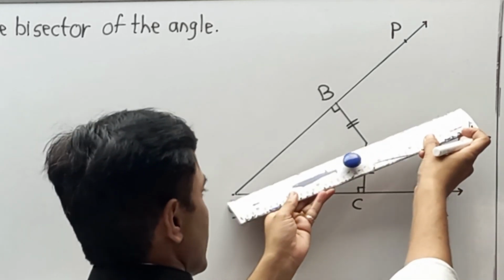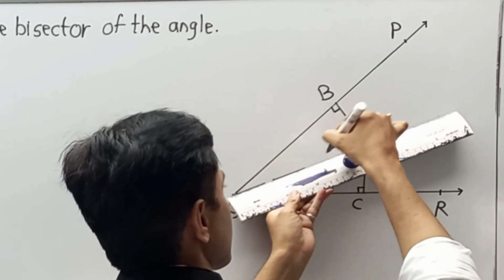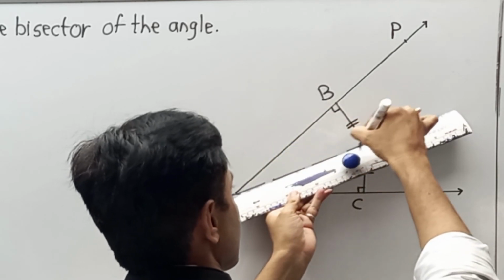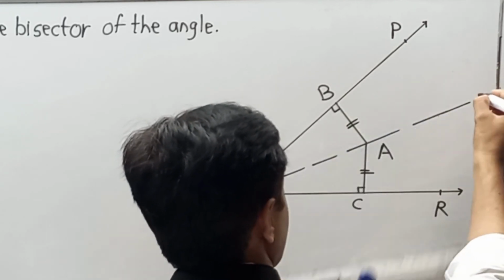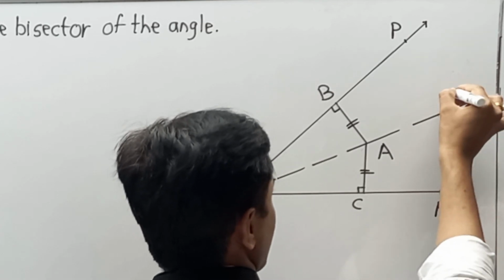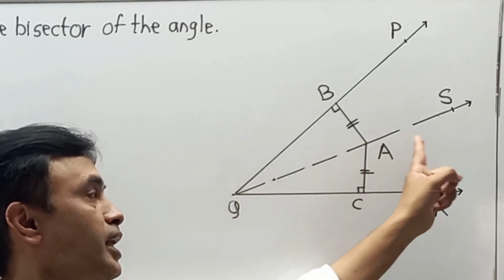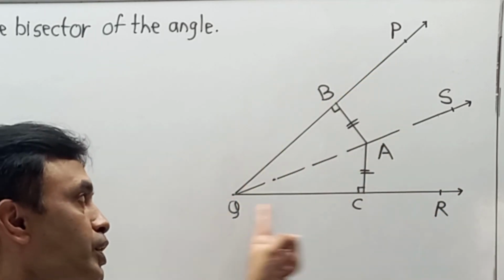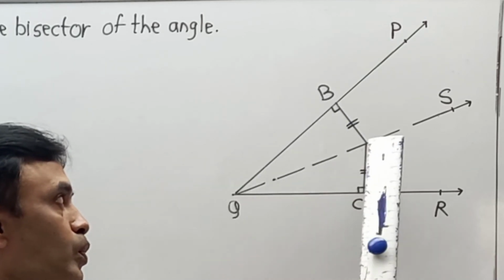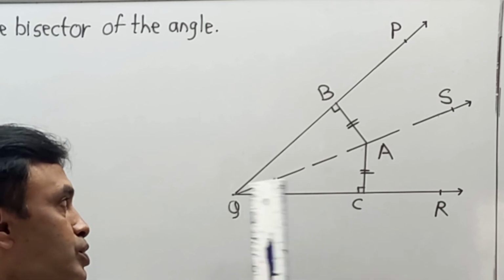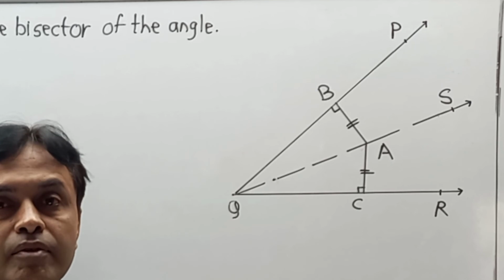If I draw a tentative ray over here, let us say I indicate this point as S. And now we have to prove that ray QA is the angle bisector of PQR. Or you can also say that logically you have to prove that angle BQA is equal to angle CQA. And in this way we are going to write given and to prove.